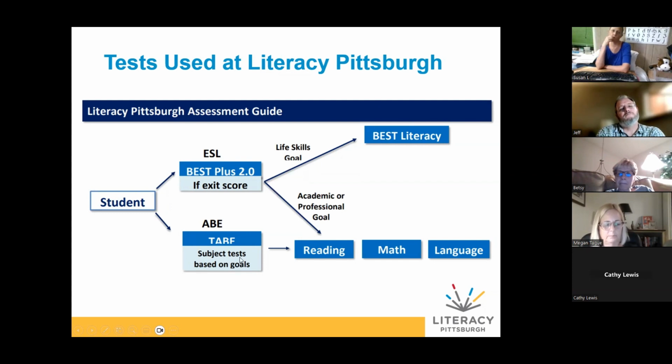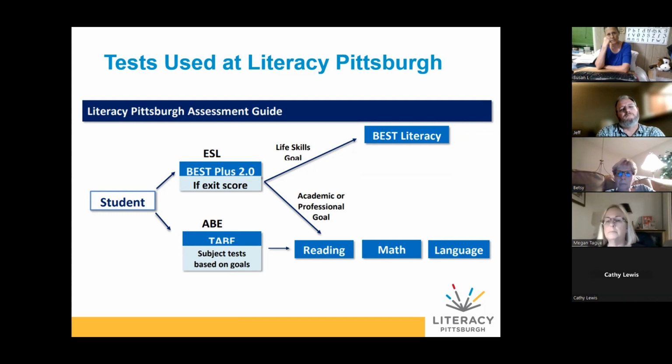And then if they're an ABE student to start, they're going to take the TABE immediately and take the subject based on their goal. So if they are a GED student, they're going to be taking reading and math, so that we can get a sense of their full ability in both areas, because there are 4 tests within the GED that involve both reading and math.